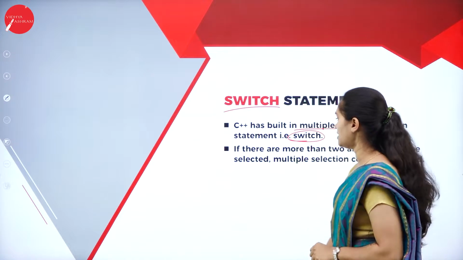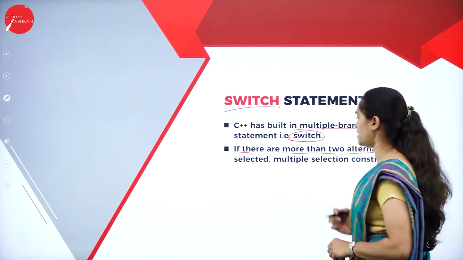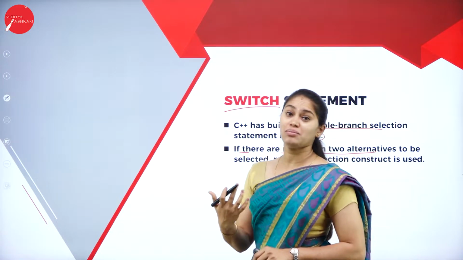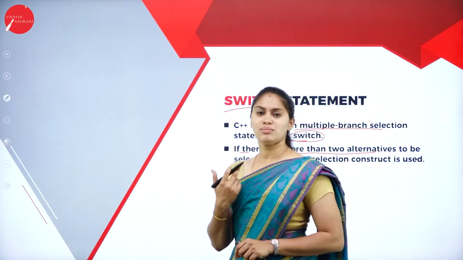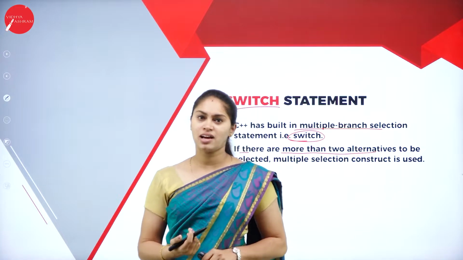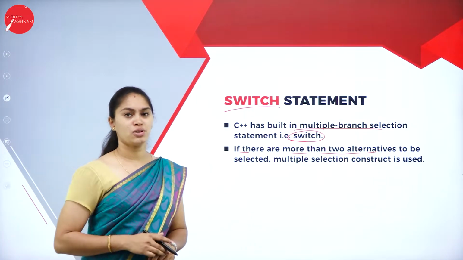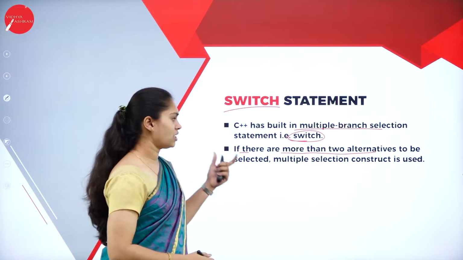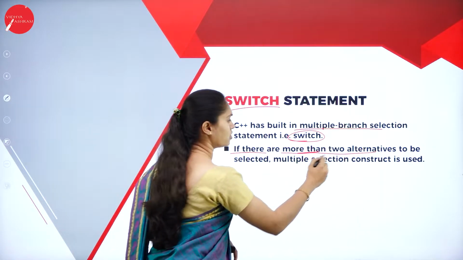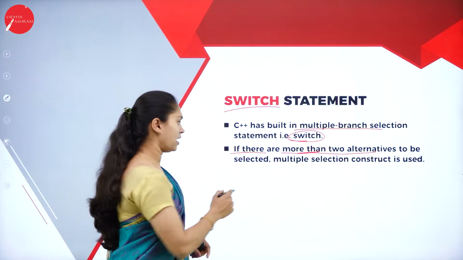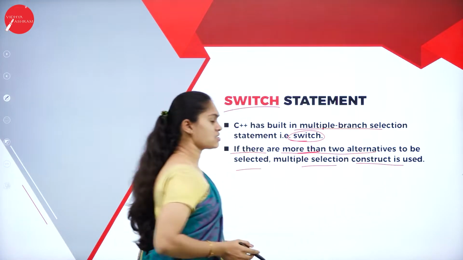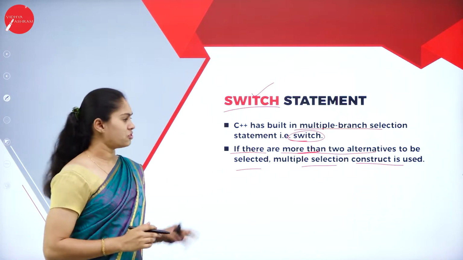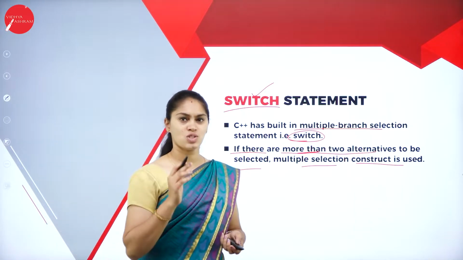If there are more than 2 alternatives to be selected, I have many alternatives, and based on my condition or test condition we are going to make a choice. The switch statement helps here. So if there are more than 2 alternatives to be selected, the multiple selection construct is used, that is switch statement.